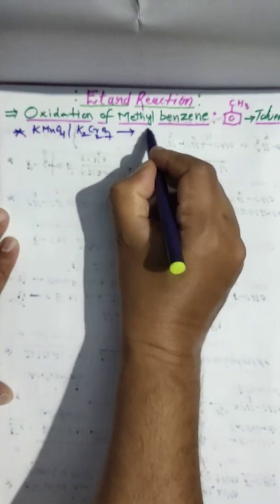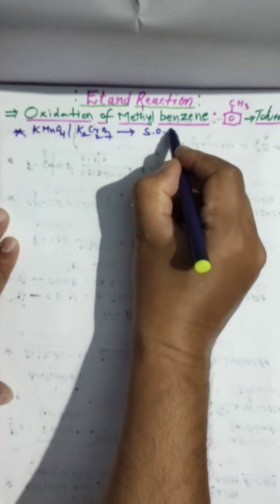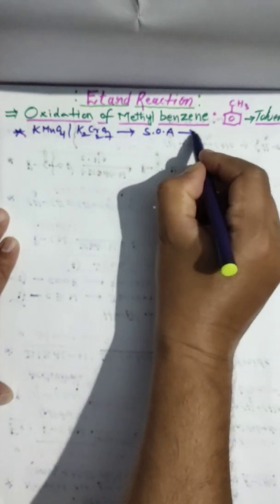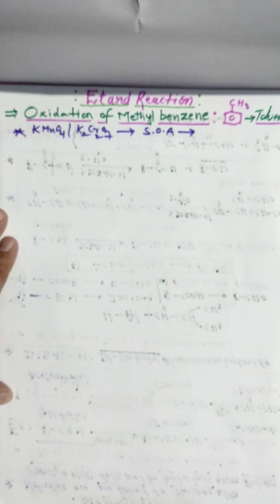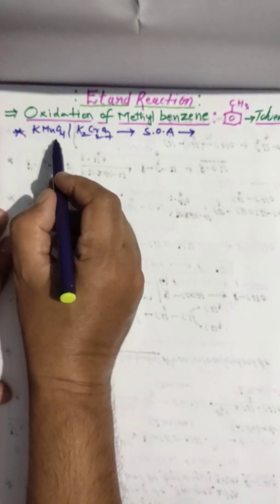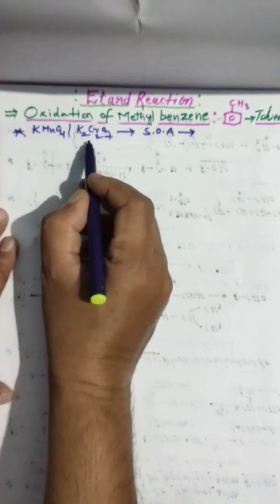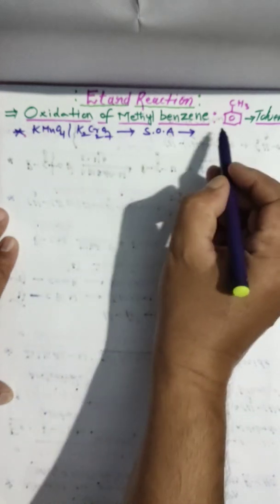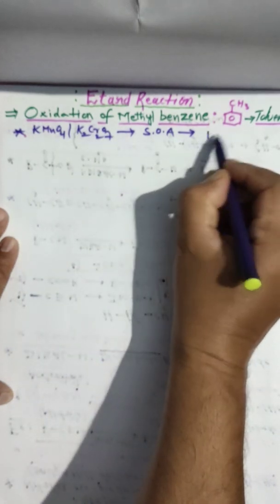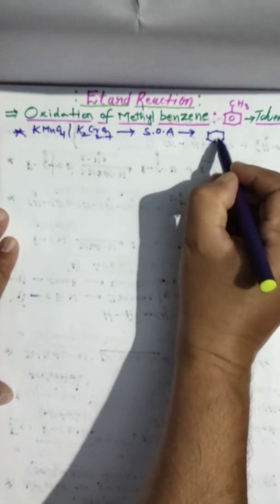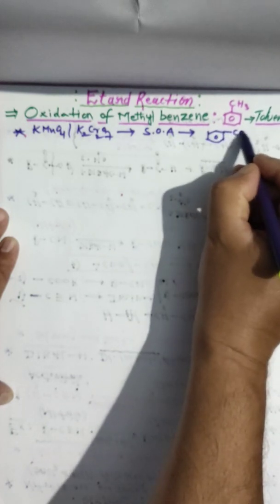These are strong oxidizing agents. If you use strong oxidizing agents for methyl benzene, you get benzoic acid.